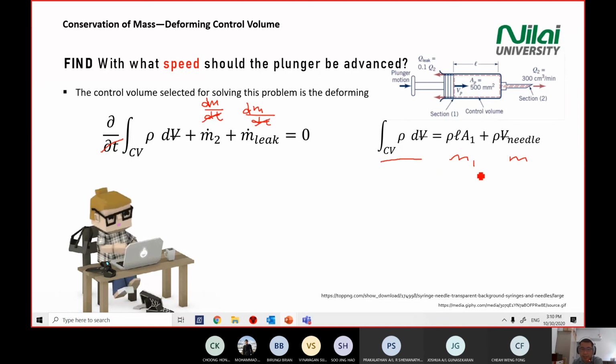M at section 2 is referring to m dot 2, which is here. This is leak. This is referred to as the leak. And this one is the needle.